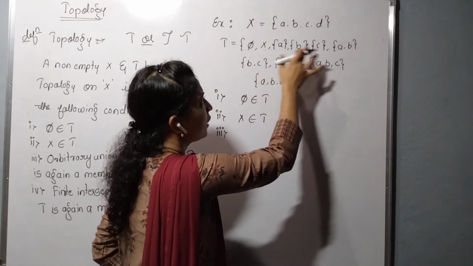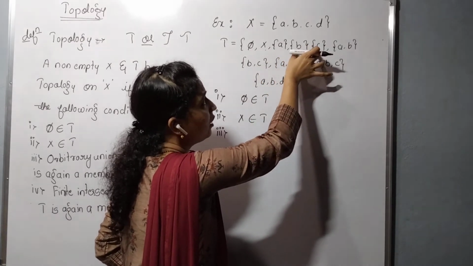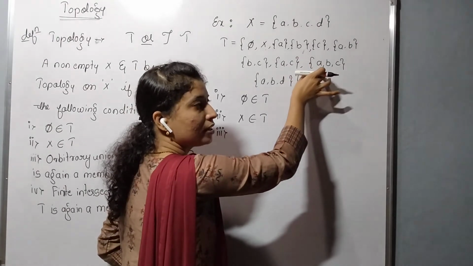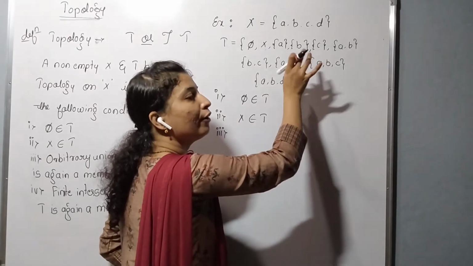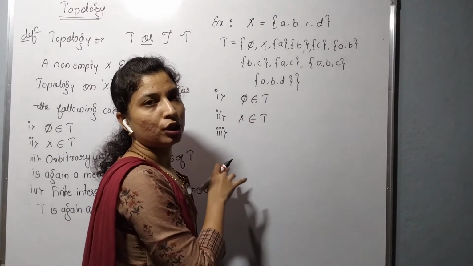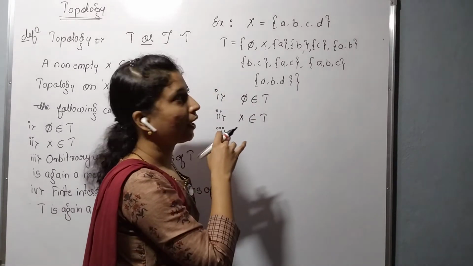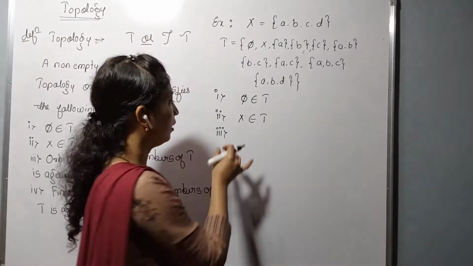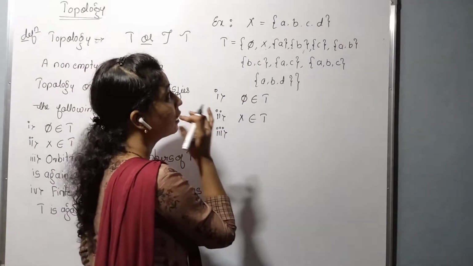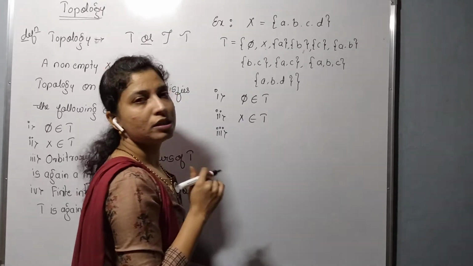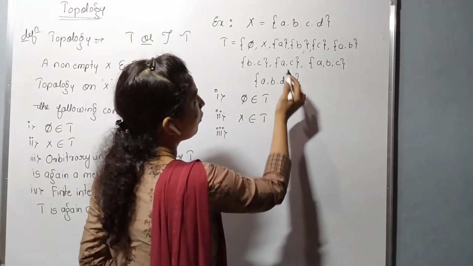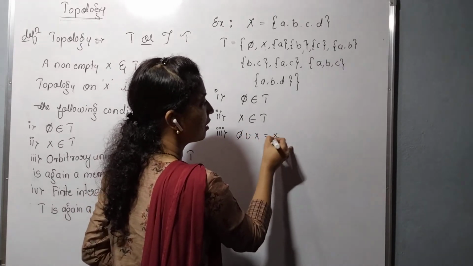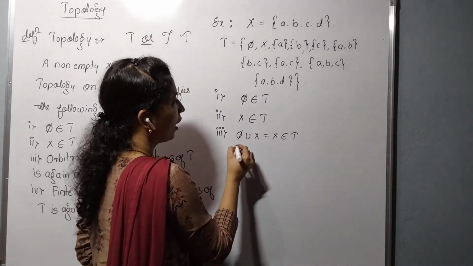Suppose I consider the term D, then A union D is the set AD, but that set AD does not exist in tau, so we cannot call it a topology. For that we have to check each and every set. So the third condition is: arbitrary union of members of tau is again a member of tau. Here we consider null set union X, that is X, already there in tau.